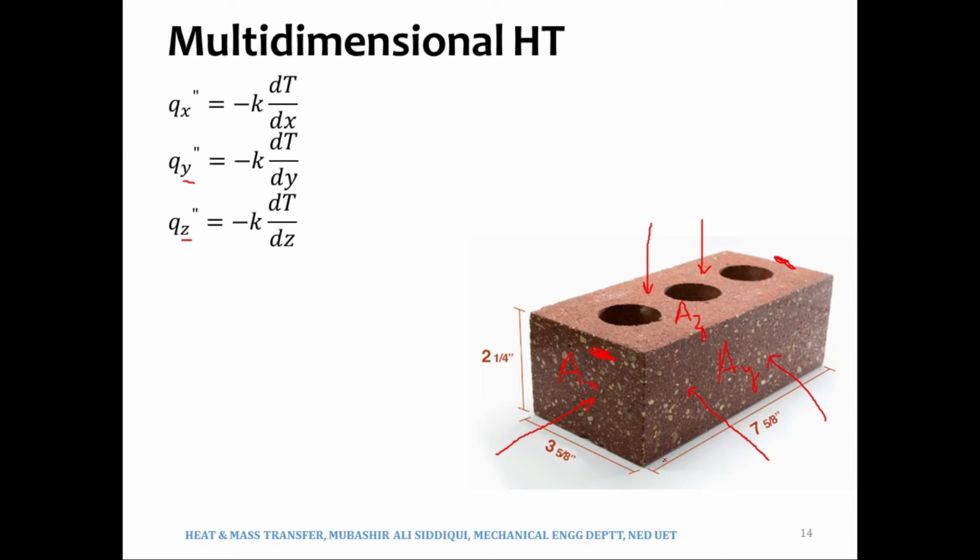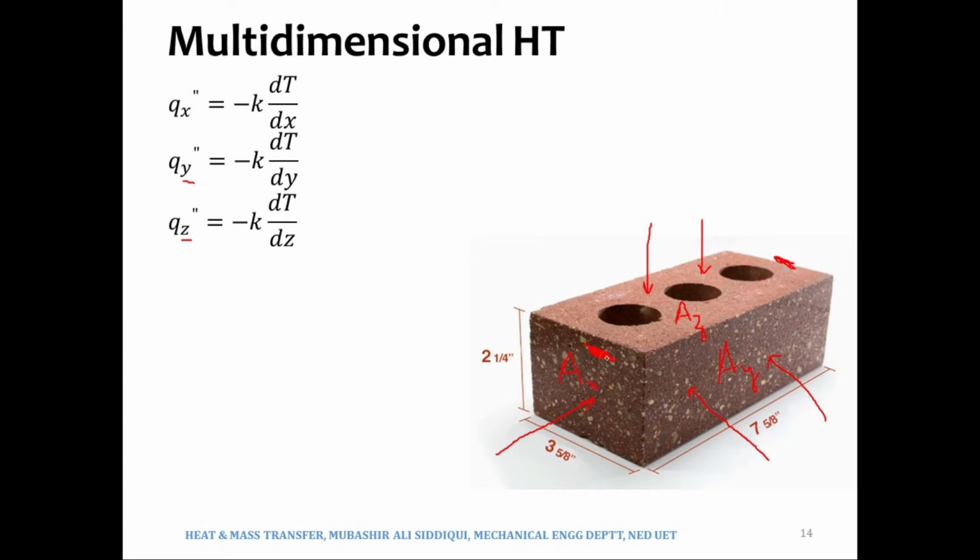Now, when we have multi-dimensional heat flow, let's say the heat is being transferred in all the three dimensions, X and Y and Z. So the heat will flow in X direction depending upon the temperature difference in X direction. Depending upon the temperature difference in X direction means what temperature do we have over here and what temperature do we have at the other end.